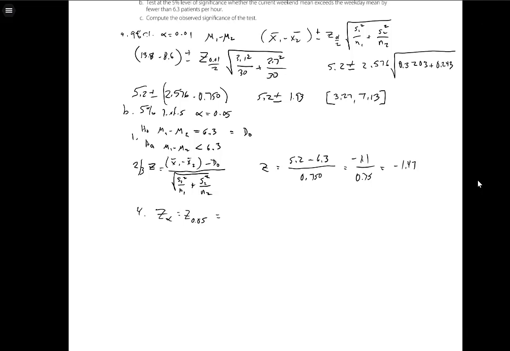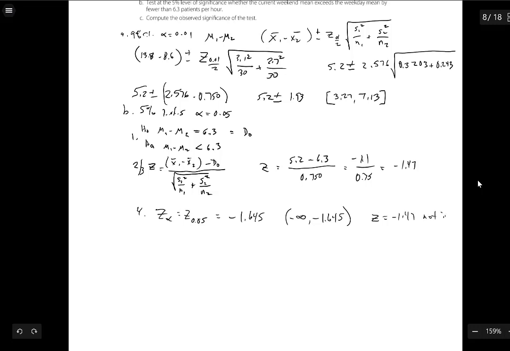Here this is minus 1.645. So our rejection interval is going to be from minus infinity up to minus 1.645. And we can see that our test statistic that we calculated in steps 2 and 3, z being minus 1.47, is not in the rejection region.